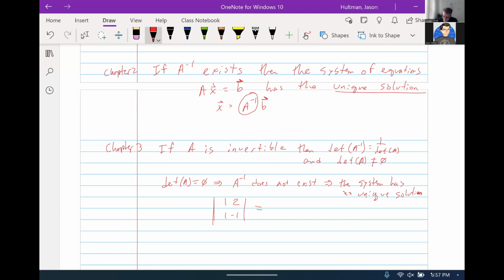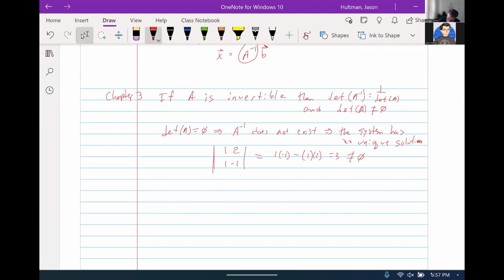That's just 1 times negative 1 minus 2 times 1, which is negative 3, which is not equal to 0.